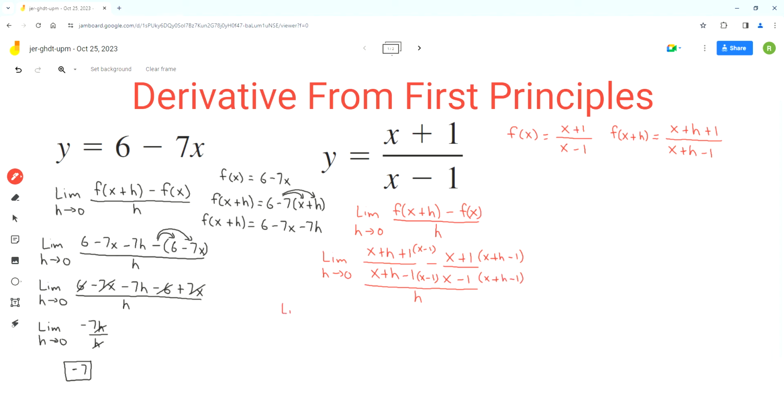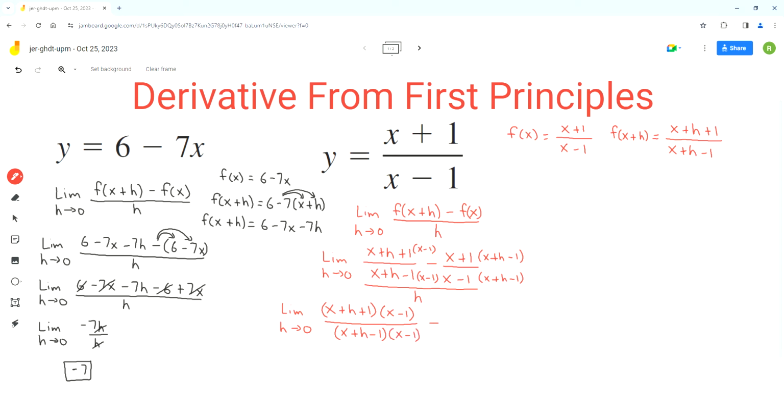So we get limit h approaches 0. So in the numerator we get x plus h plus 1 times x minus 1 over x plus h minus 1 times x minus 1.